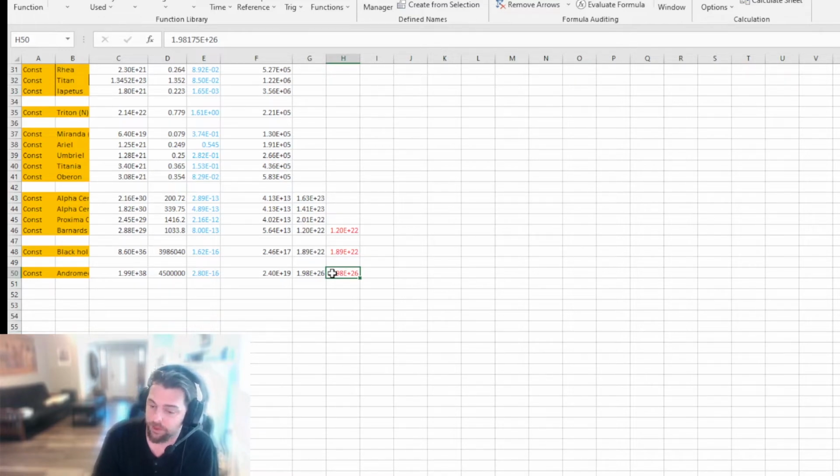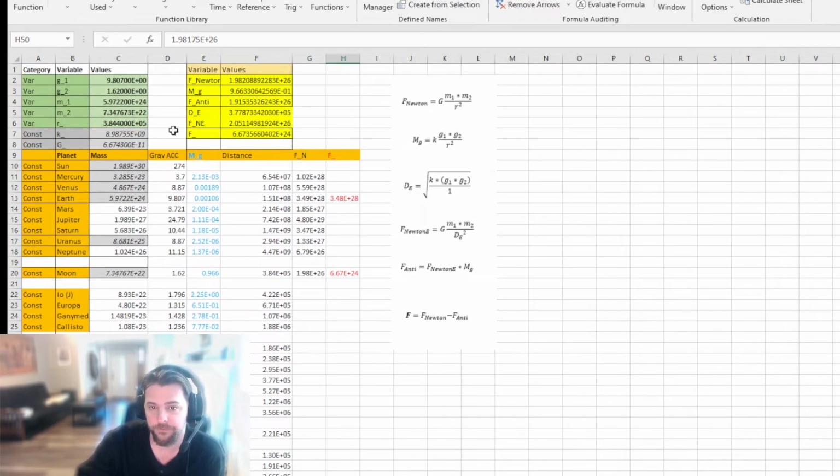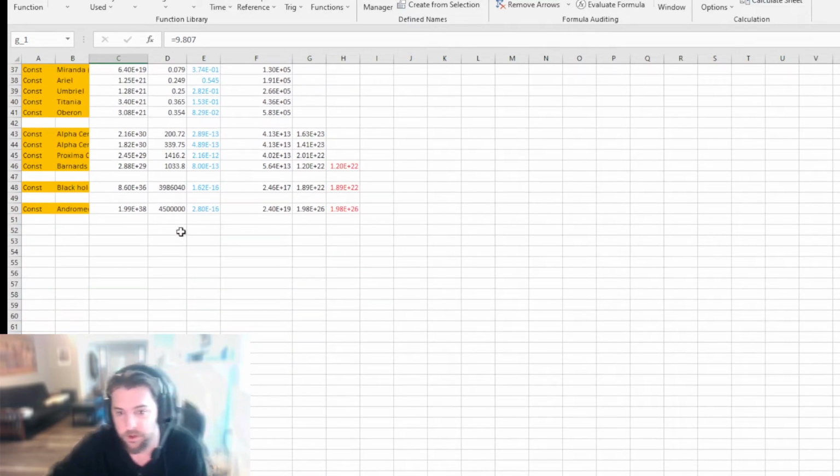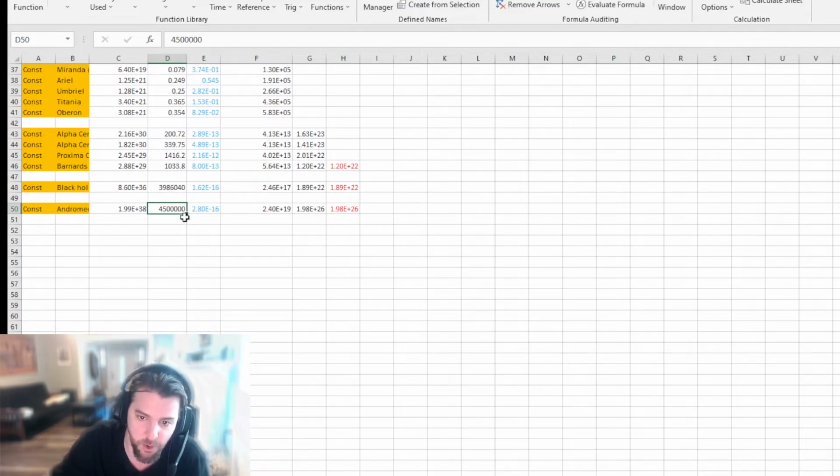Or another way to think of it, which might not be correct, and is the way MOND thinks of it, is when you have objects like black holes, the amount of influence of their gravitational acceleration. Here it's 9.8 for Earth. But the gravitational acceleration for Andromeda's core is estimated at 4.5 million, compared to Earth's 9.8, or the Moon's 1.6.